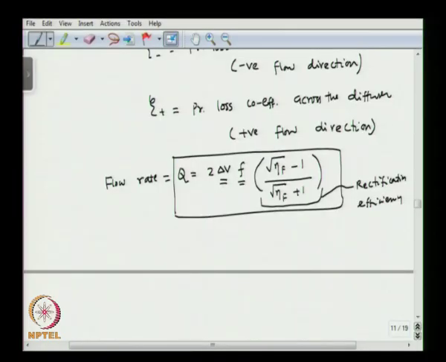So the rectification efficiency is square root of eta f minus 1 divided by square root of eta f plus 1.